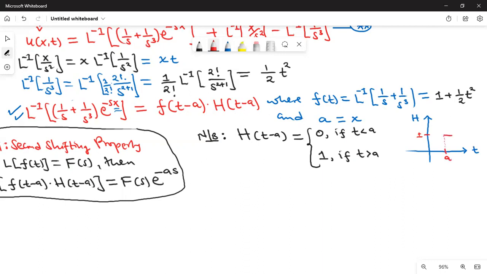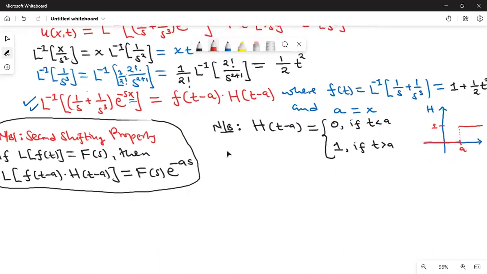It is 1 to the right of a, and it is 0 to the left of a. That is the function h of t minus a. We are calling it a unit step function or a Heaviside function.